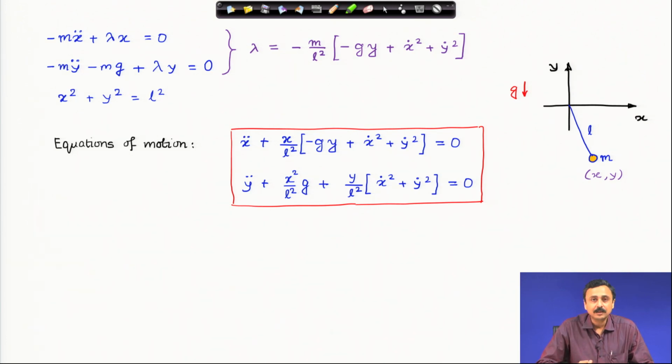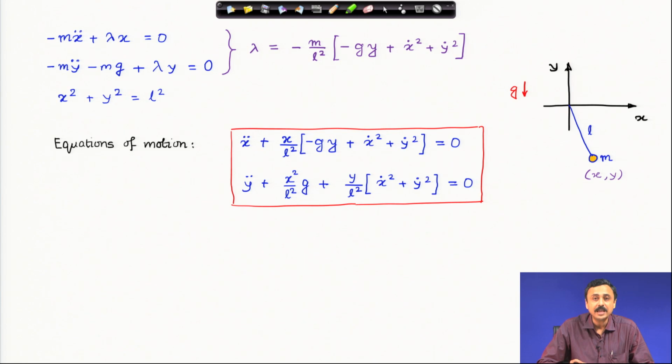Now, these are completely independent, self-standing equations of motion. 2 equations in 2 unknowns. Lambda has been eliminated. 2 equations and 2 unknowns, I should be able to solve, but then there is a catch. Can I, for example, specify x and y independently? Of course, I cannot.